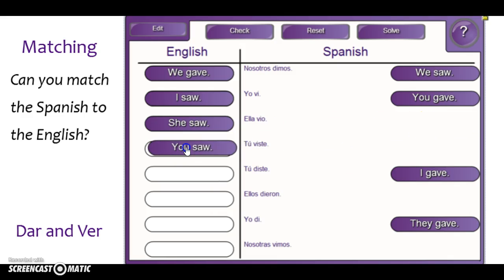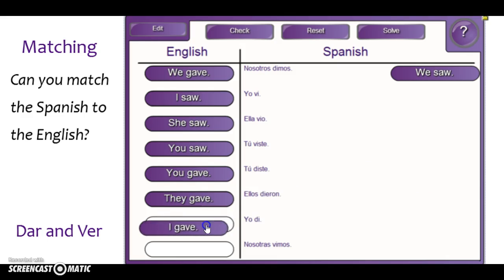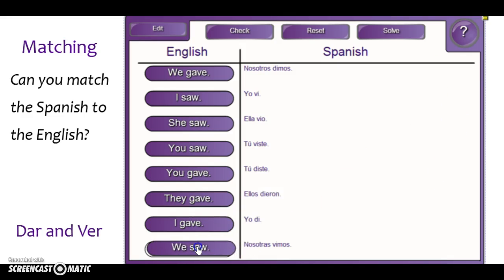You saw. Tú diste. You gave. Ellos dieron. They gave. Yo di. I gave. And nosotras vimos. We saw. Did you get them right? Great job.